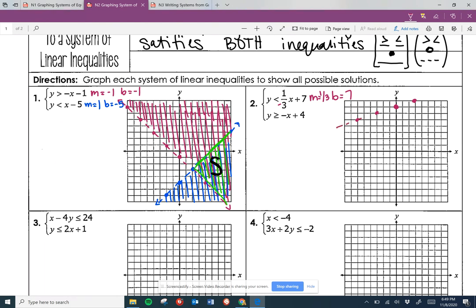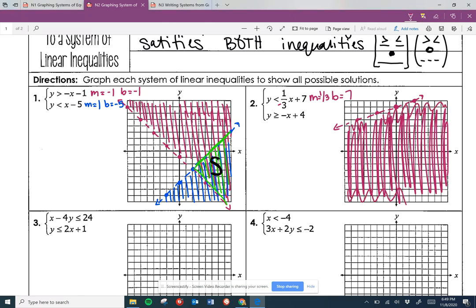Okay, get a little bit down here. All right, now we'll look at the second graph, which the slope is going to be -1, the b is 4. So I start my graph right here at 4, okay, -1, I will go up to the left or down to the right, like that.